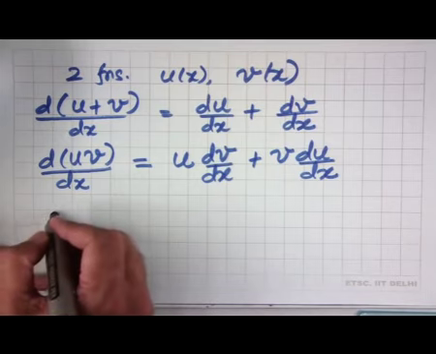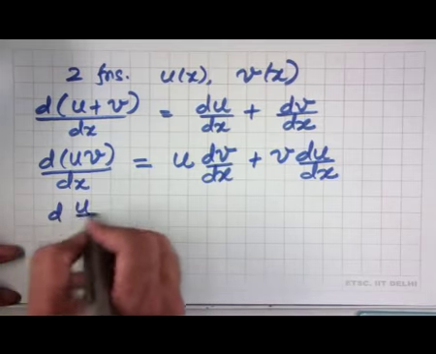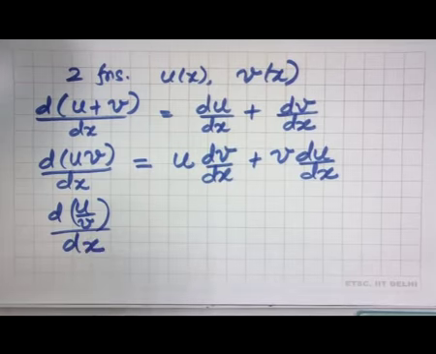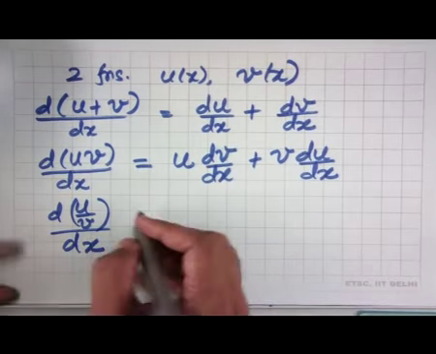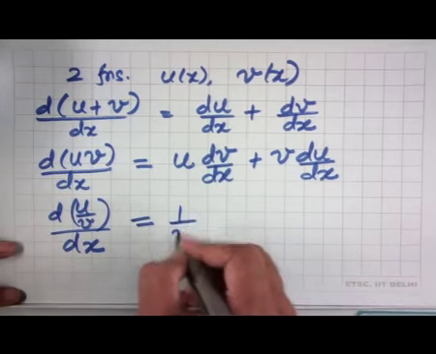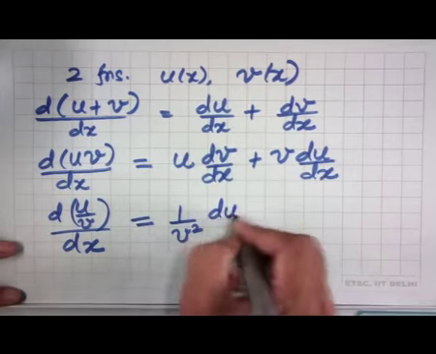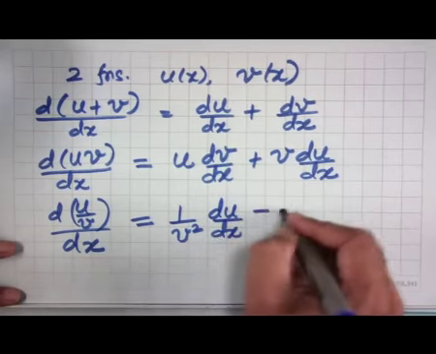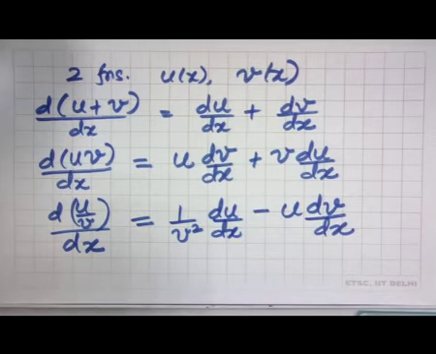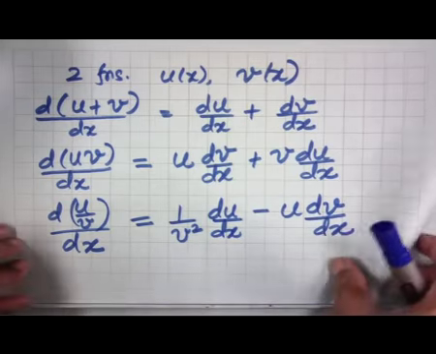And then we have a derivative rule for quotients, the derivative of u by v with respect to x is equal to 1 over v square times v du by dx minus u times dv by dx. And once again these derivations you will do in detail in your maths course.